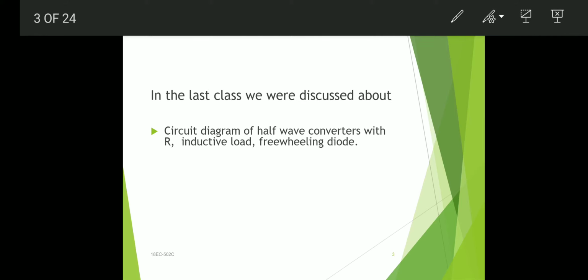There are many names for this diode. The freewheeling diode is connected across the RL load. It prevents the flyback effect, and it also improves the power factor.